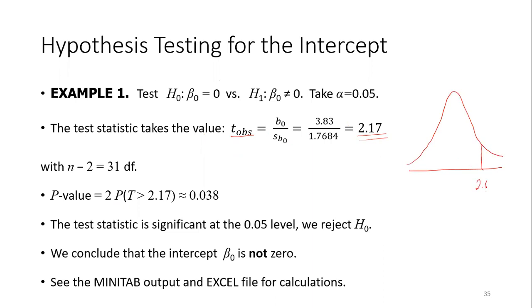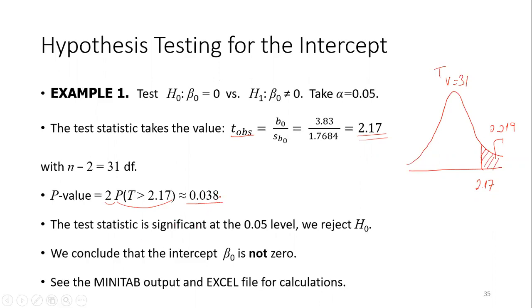This is 2.17, a T random variable with v equal to 31 degrees of freedom, and the area here is 0.019. So the p-value is 2 times 0.019, that's equal to 0.038. That's my p-value.